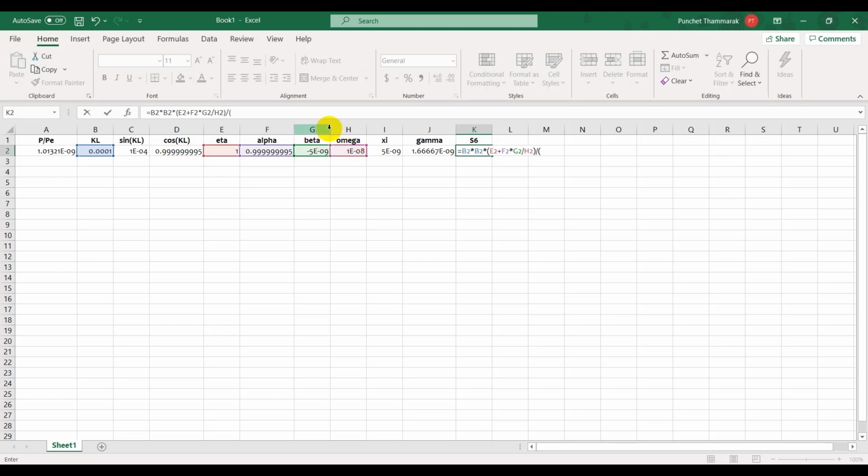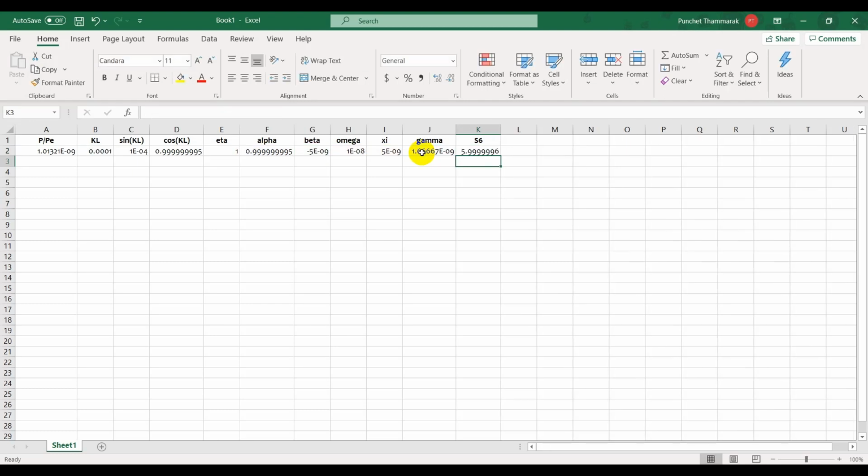Denominator is minus beta times C divided by omega, and then minus gamma, close the bracket, and I guess that is pretty much it.